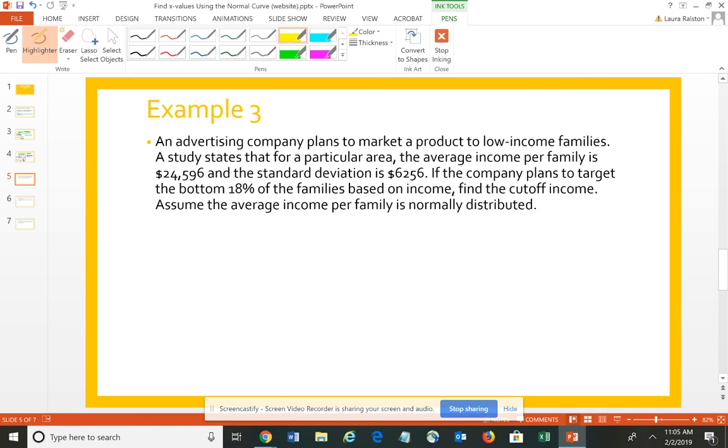So again, notice they tell us that the average income, our variable, is normally distributed. They told us that the average income per family is $24,596 and the standard deviation is 62.56, and that the company is going to target its advertising to the bottom 18%. So here's what we know.